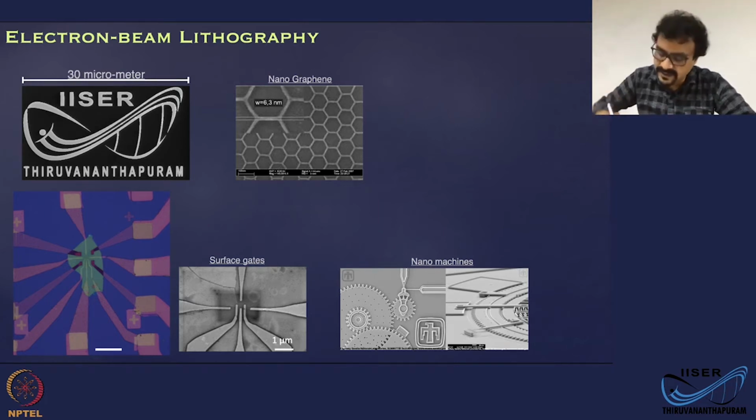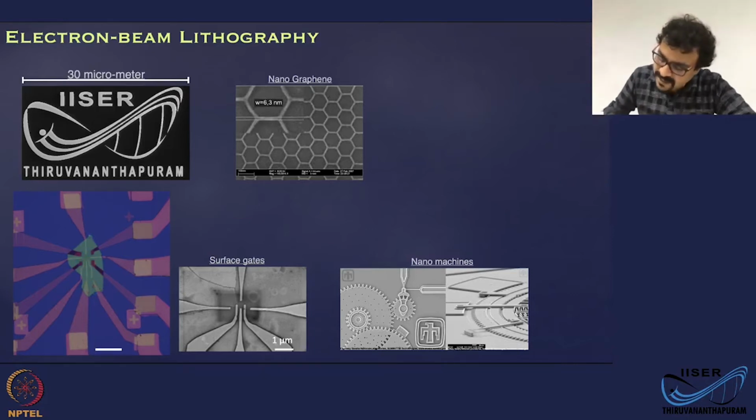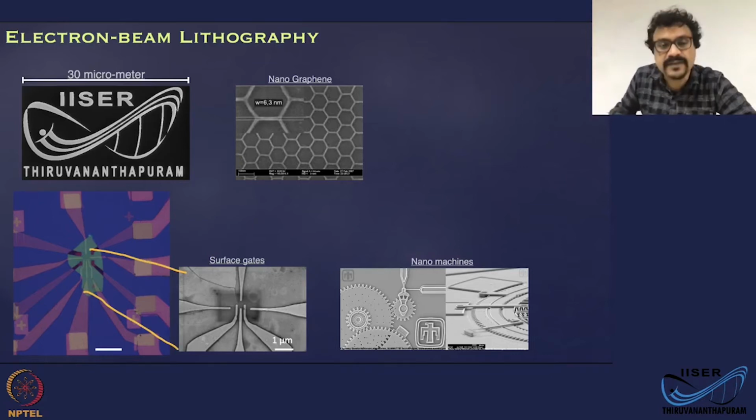The larger structures that you are seeing here are done by photolithography, and the small structure in the middle, this golden colored region, has a magnified view given here in this image. So this is the center here.